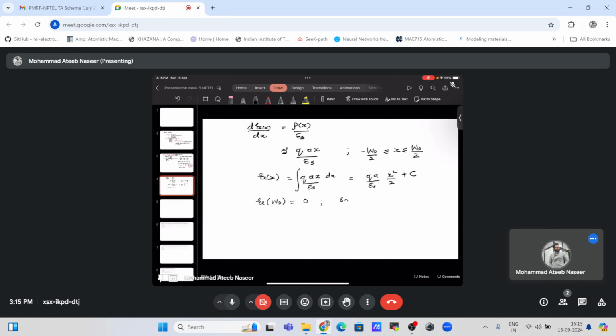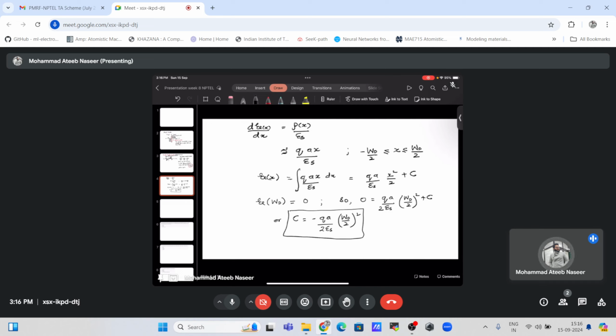So we can say clearly that the electric field at WD by 2 is 0, and this is q a by 2 epsilon s times x square, which is WD by 2 whole square, plus c, or simply the value of the constant is minus q a by 2 epsilon s times WD by 2 whole square. So this is the value of the constant c.